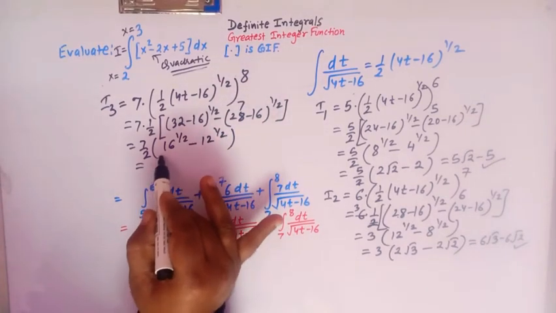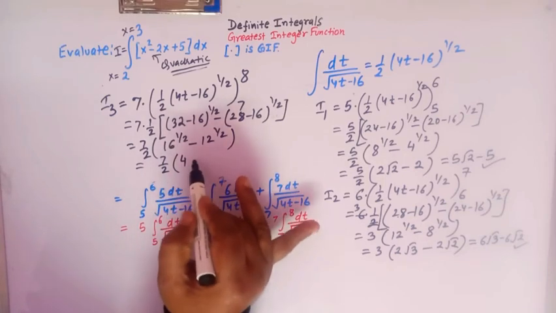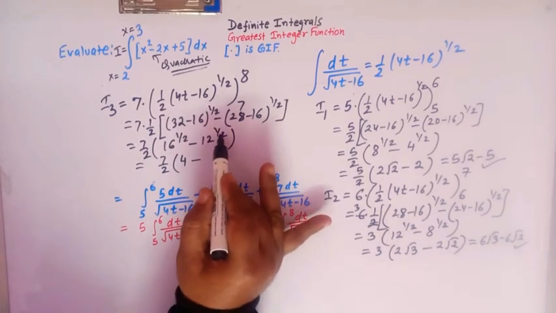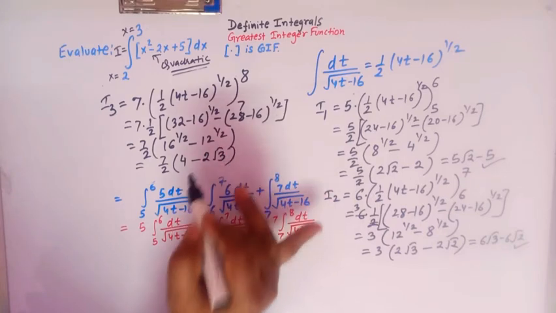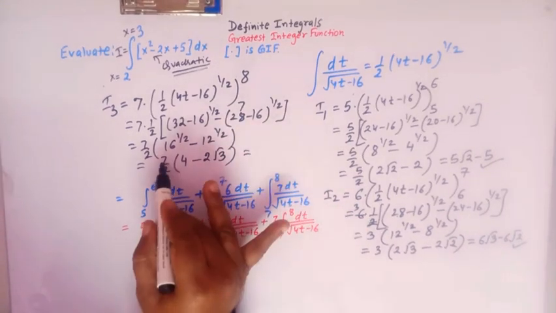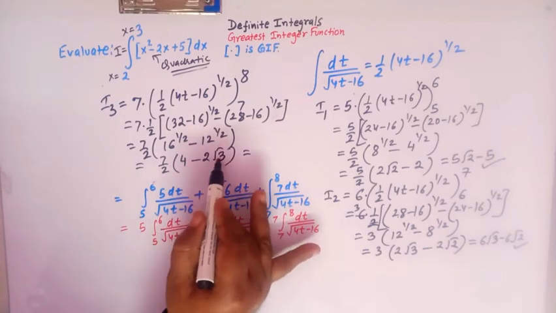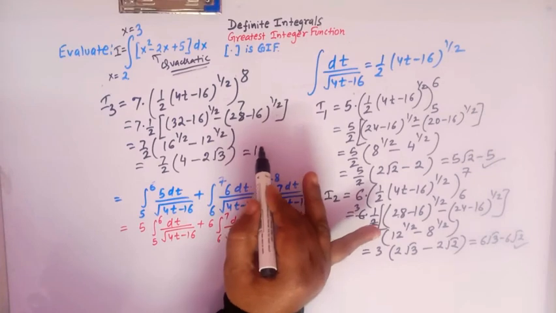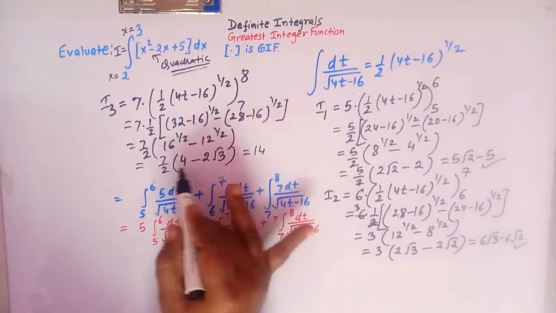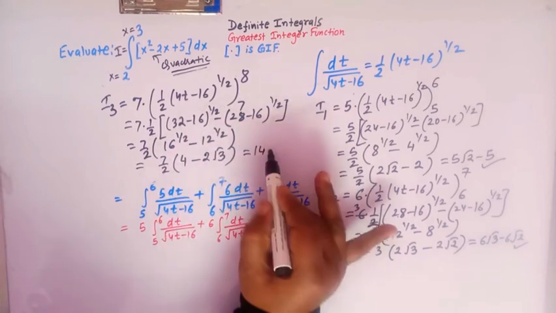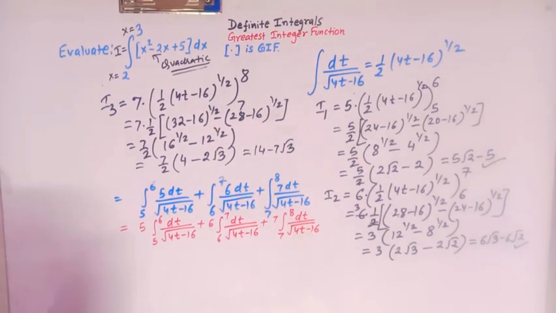So now this is 7 over 2, and square root of 16 is 4, and here we have square root of 12, that is 2 root 3, right? So now multiplying 7 by 2 with 4 minus 2 root 3, we have 14, because this is 28 over 2, and here 2 and 2 get cancelled, so we have 7 root 3, right?